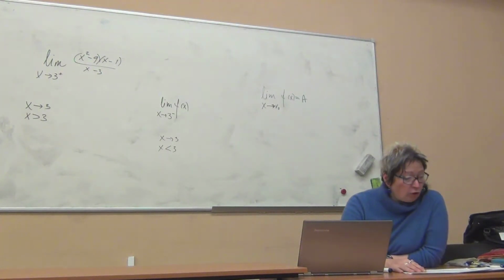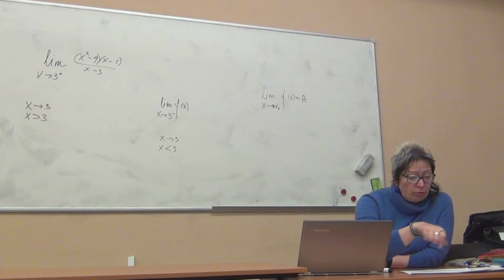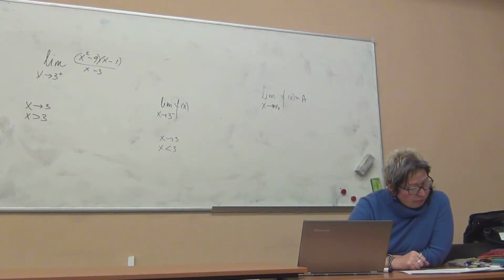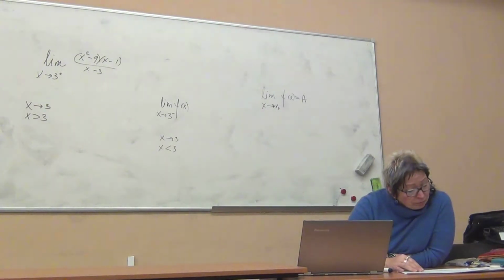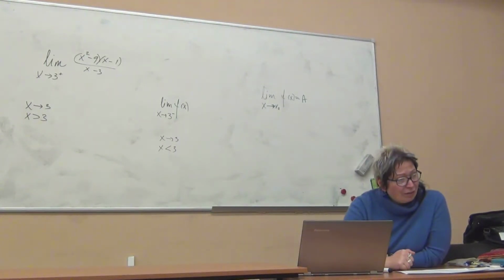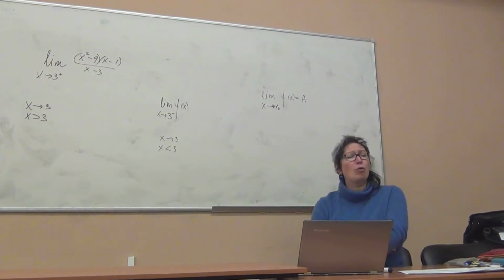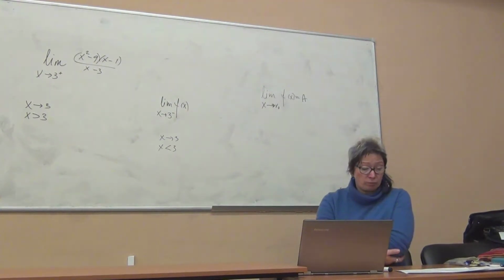For example, if you look at our function, you see that the graph looks like a parabola. Is it a parabola or not? Well, okay, a parabola with a hole, a parabola with one point missing, the empty point.